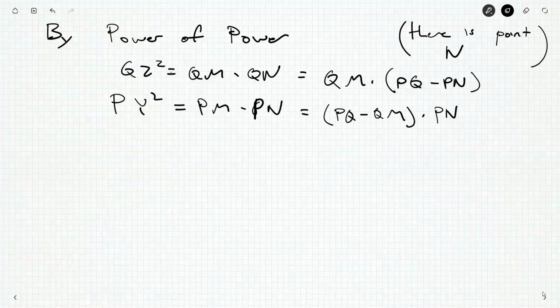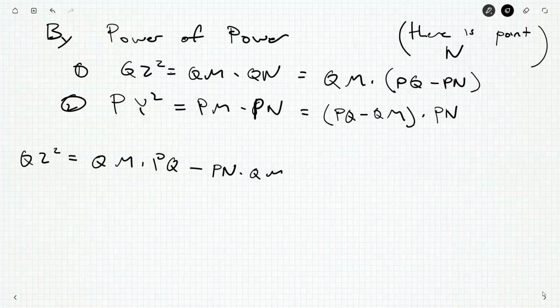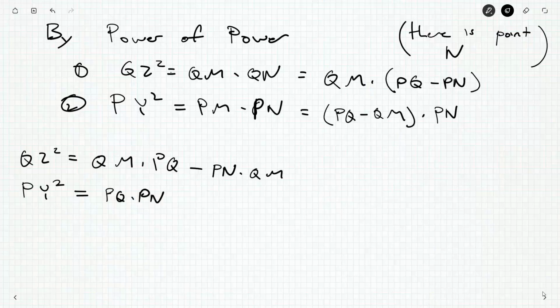So if I add these, let's expand them out. So 1 becomes QZ squared is equal to QM times PQ minus PN times QM. PY squared is equal to PQ times PN minus PN times QM.